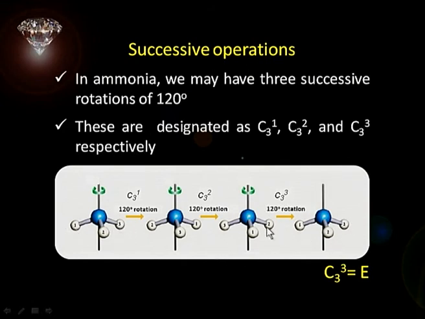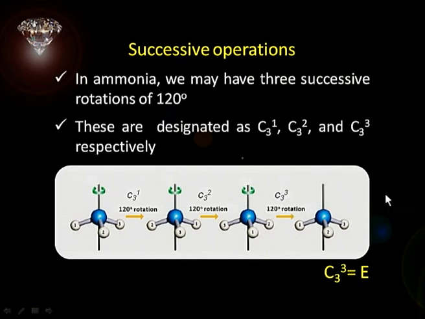Now, you find that this is identical to what I started with, and these others are indistinguishable from this one. There is a difference between the two terms. Indistinguishable means they are similar, but not the same, whereas identical means the same. So, I can at best have C3^1, C3^2, C3^3.